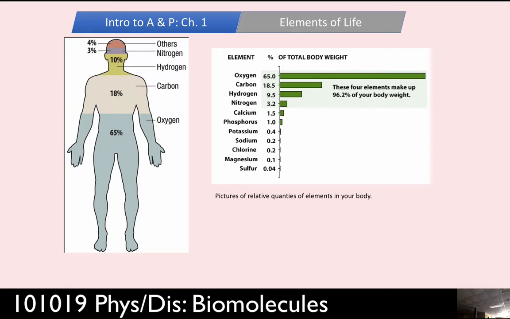So oxygen is about 16 AMU, and hydrogen has an atomic number of what? 1. Yeah, and the most common isotope of hydrogen is the proton. So its atomic mass is about 1 AMU.